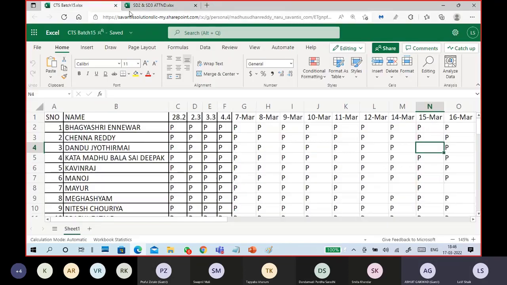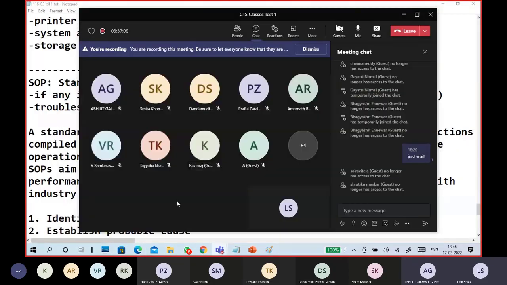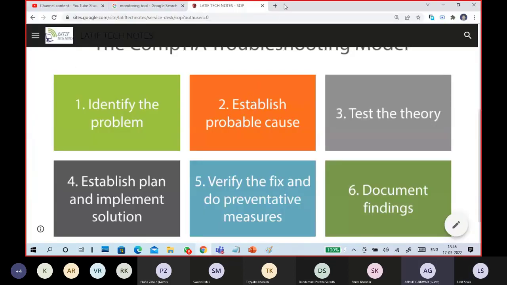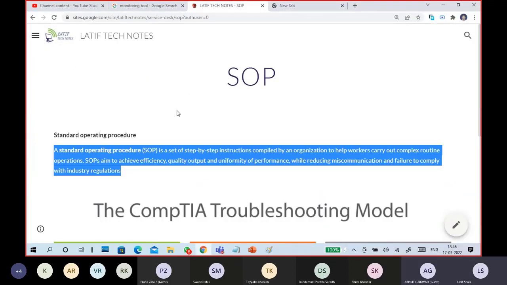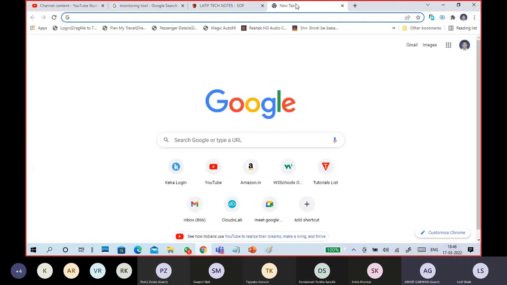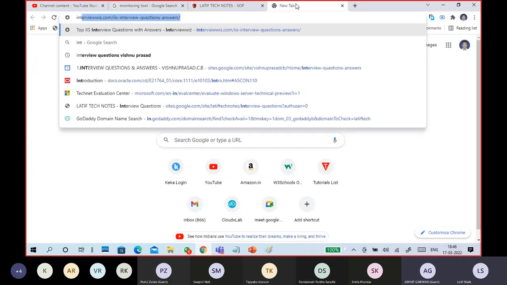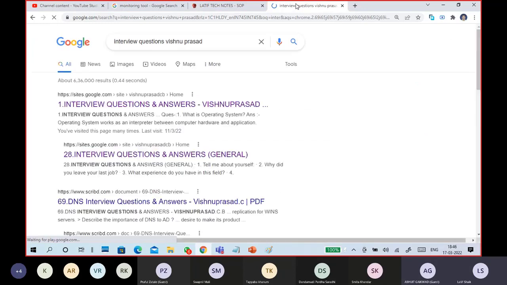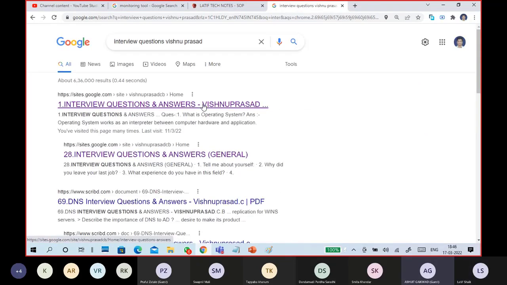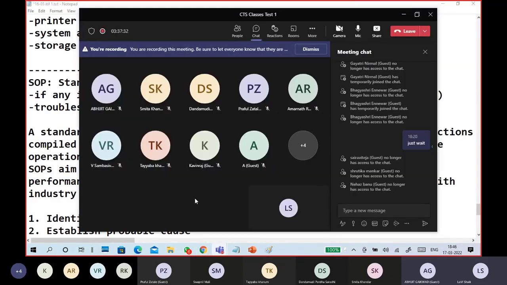So what are the topics completed? Just study. If you have any doubts, technical doubts or common technical questions, already I shared, where I put it, this is also mine. Go through mine, and also I told interview questions by Vishnu Prasad. Already I shared this link. Go to that one. So prepare for basic technical questions, regular questions. What is LAN? What is MAN? What is an IP address? What is the OSI layer? What is Active Directory? What is DHCP? What is DNS? What is group policy? What is Windows 10? What are the practicals we did?